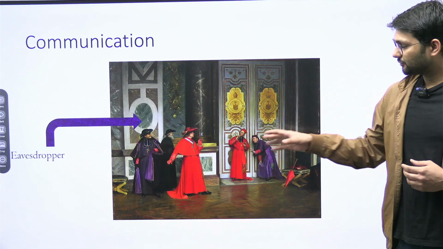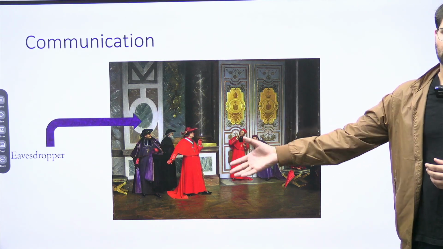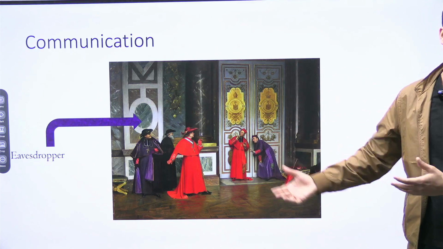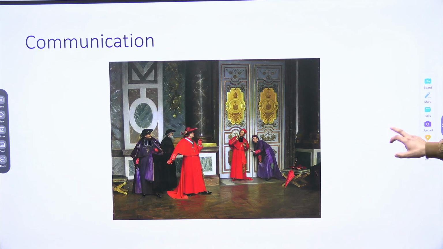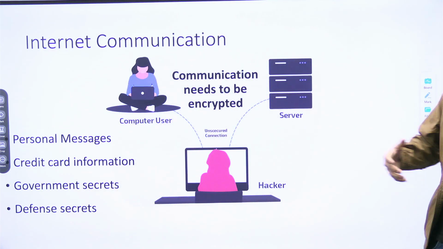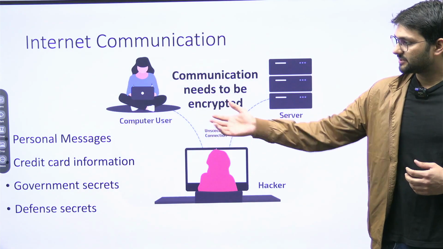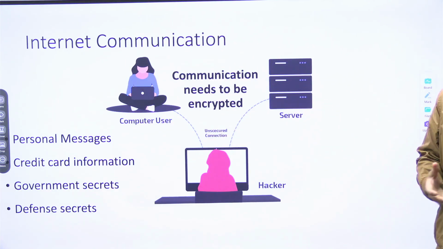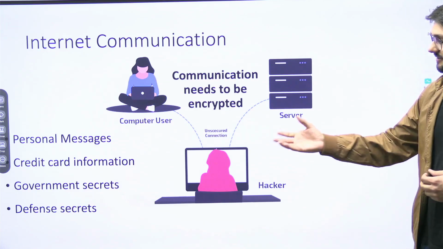So when two parties are communicating, there will always be a possibility of a third party who wants to listen to your private personal messages. And now in the era of internet communication, we share a lot of information like personal messages, credit card information, governments share their secrets over the internet, and defense secrets.